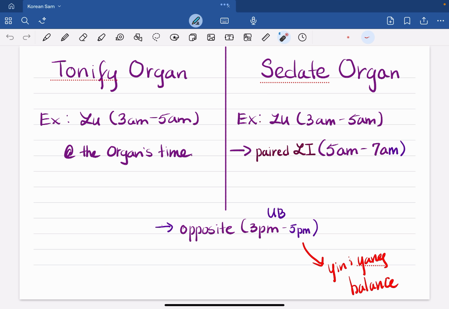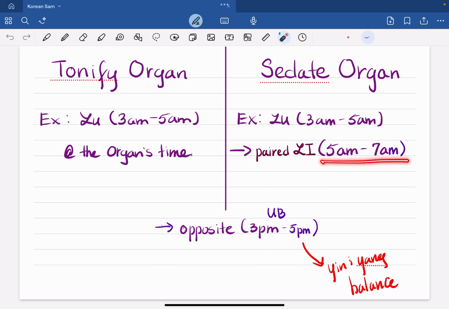And the reason I say that is because if it was the lungs that we're trying to sedate, which is 3 a.m., 5 a.m., we would actually utilize the paired organ, which is LI. As we know, lung and large intestine are both metal elements. They are the paired organs. So utilize the paired organ time to sedate the lung organ, which is from 5 a.m. to 7 a.m.